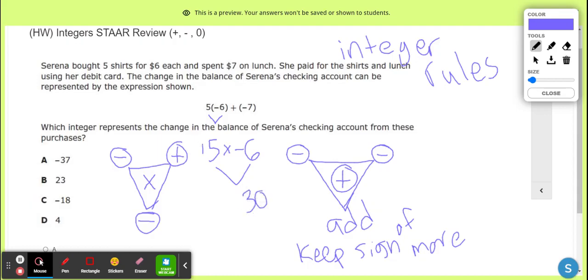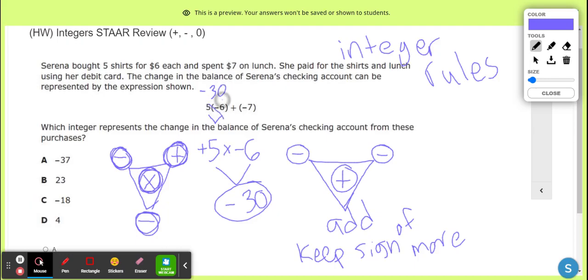When you have a positive and a negative and you're multiplying, the answer is negative. When the signs are opposites, we get a negative. So we got -30.